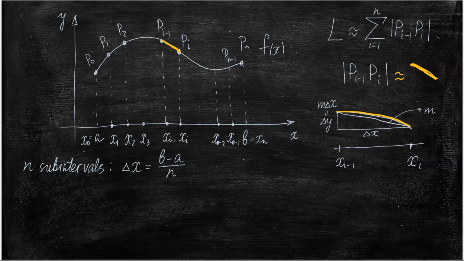And in that case, the length of this line segment would be approximated by this expression: the square root of delta x squared plus m delta x squared.